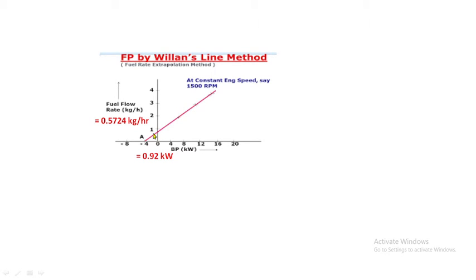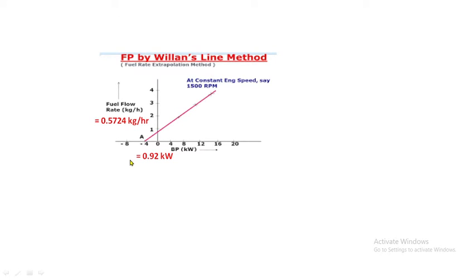It will meet at a point A on the negative side of the x-axis. That is the exact value of your friction power. If you look at this exact scale, it may be 4 plus. But in our actual calculation, you can check your calculated reading values.